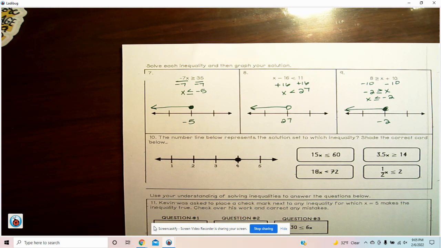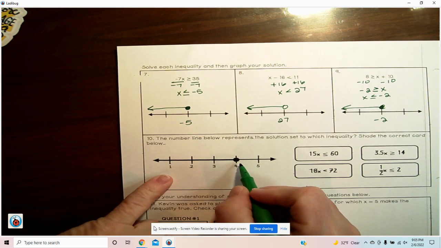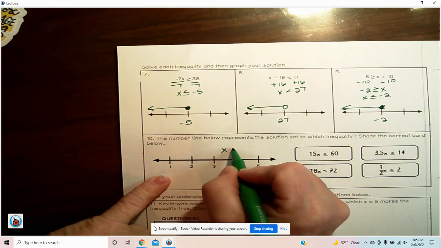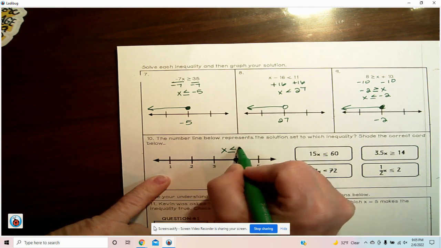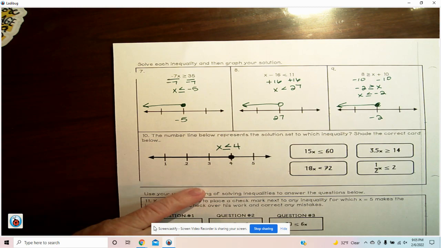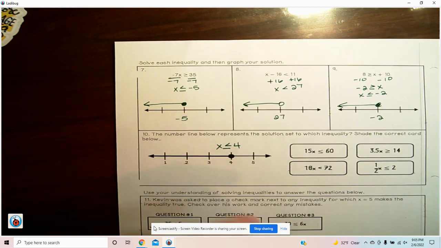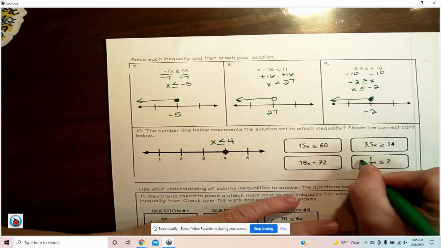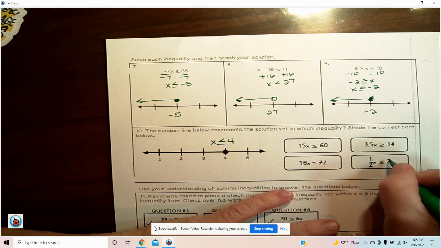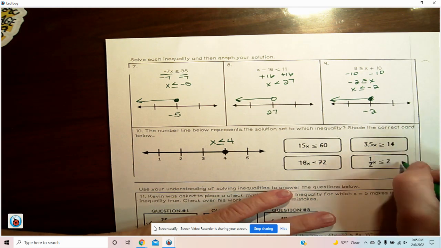The number line below represents the solution sets to which inequality? Shade the correct card below. So it's going to be x is less than or equal to 4, is what this graph says. So if we do this, 2x is less than or equal to 4.